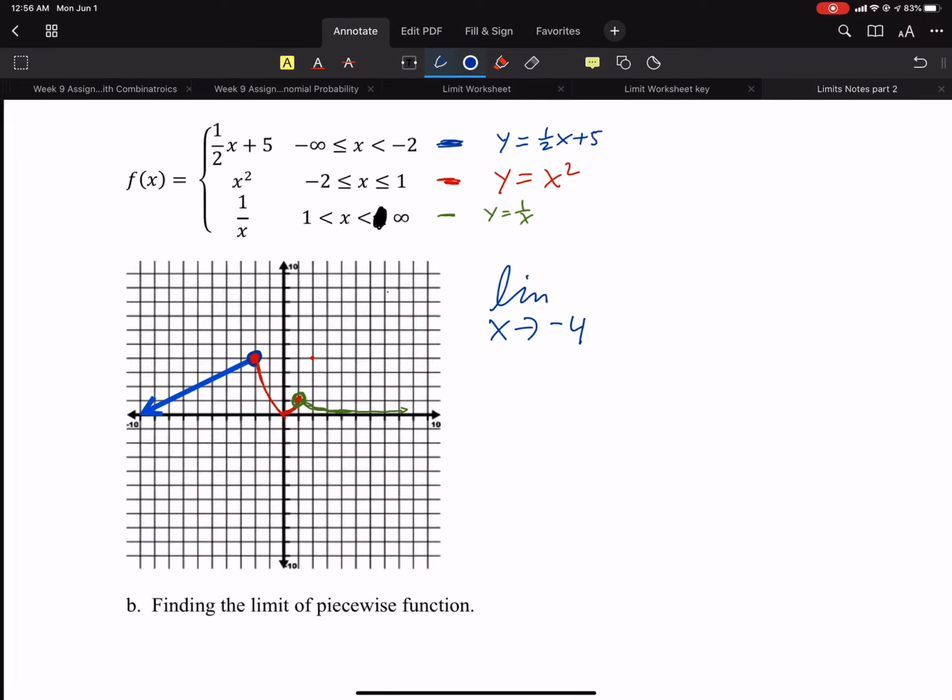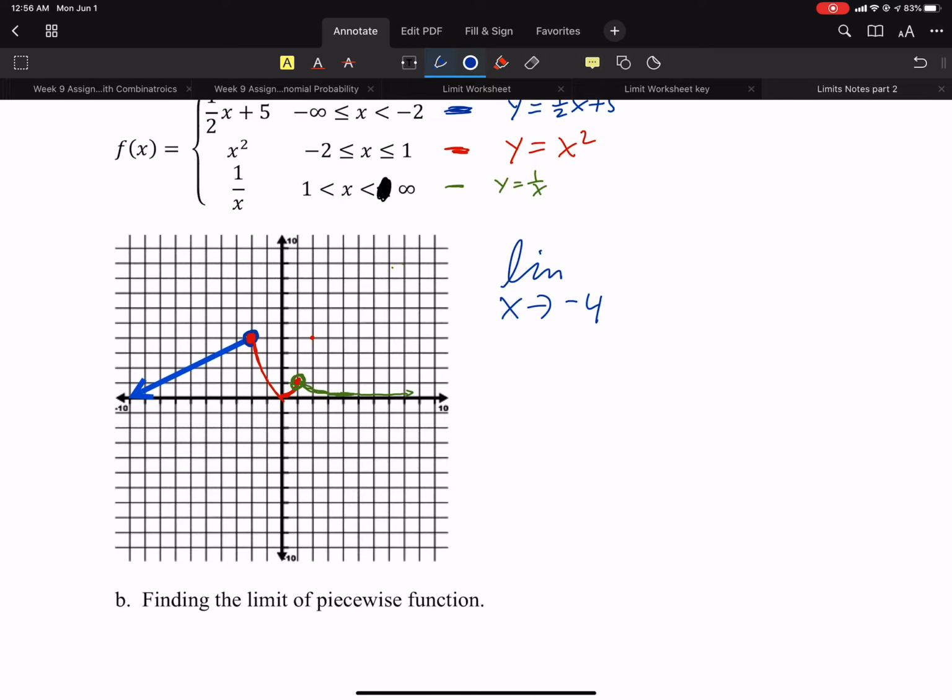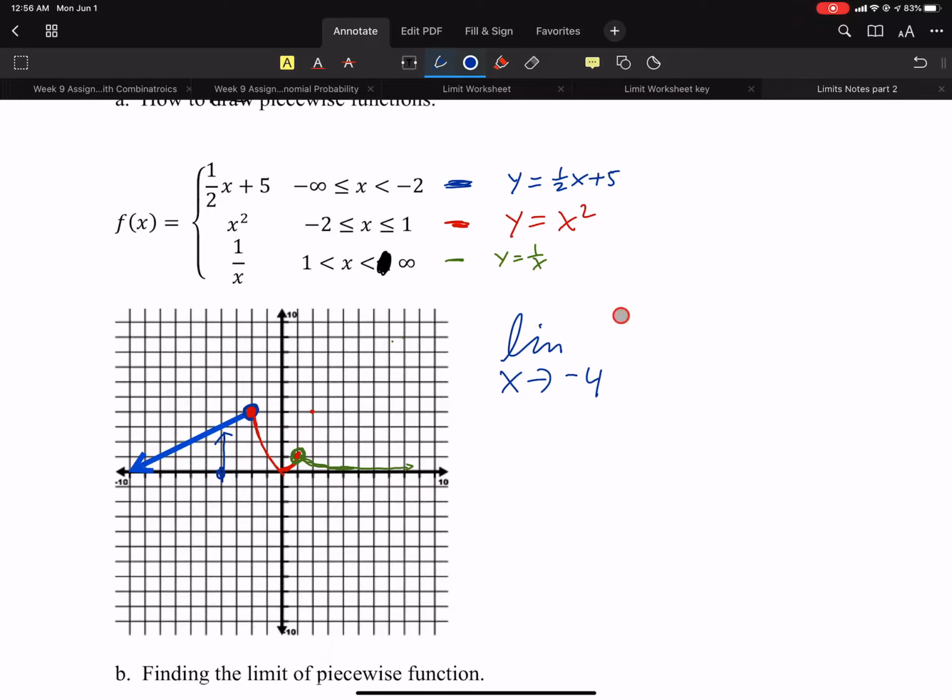So where is negative 4? It's right here. So which function would you use? The blue one. How do you know the blue one? Because negative 4 is between negative infinity and negative 2. So you would use this. So to find this limit of f of x, you would take the limit as x approaches negative 4 of 1/2 x plus 5.